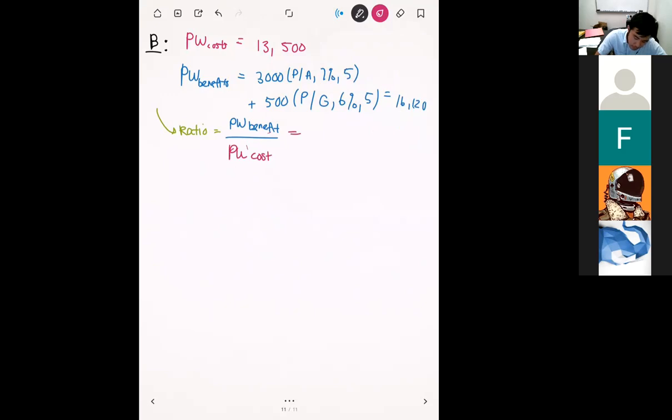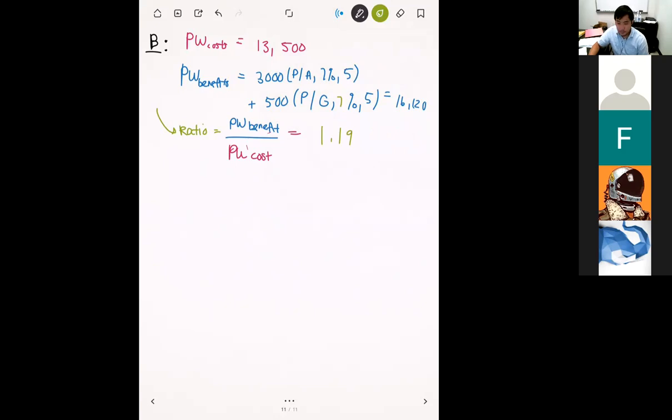We compute this ratio and get 1.19. Sorry about that, it should be 7%. The interest rate should not have changed. That was my mistake.